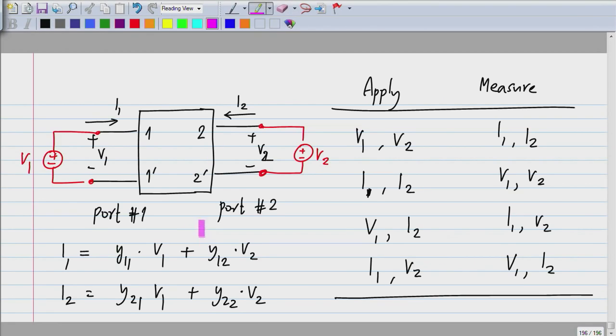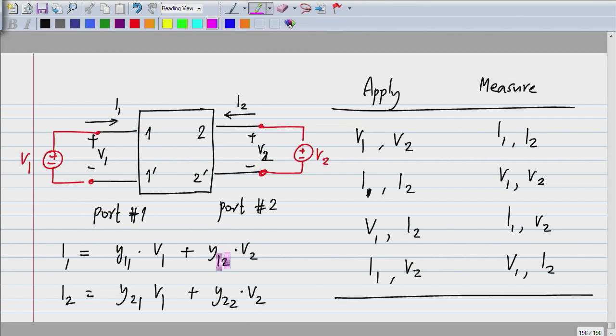We discussed this in the previous lecture. Now these numbers y11, y12, y21 and y22 have dimensions of conductance. The numbers that appear here will depend on the parameter set we choose. In this case, we are writing currents as something proportional to voltages, so these will have dimensions of conductances.